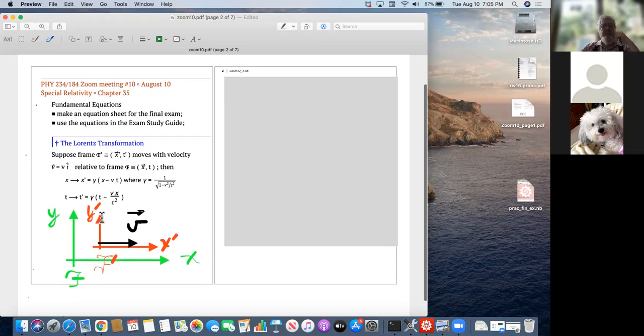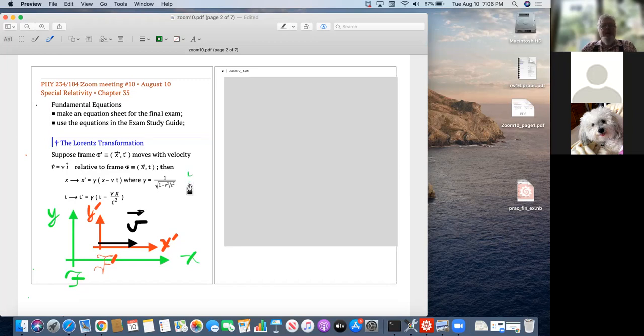And then there are transformation equations that relate the different coordinates. So for example, in going from F to F prime, x is transformed from x to x prime, which is gamma (x minus vt), where gamma is 1 over the square root of 1 minus v squared over c squared. The coordinates perpendicular to v do not change.